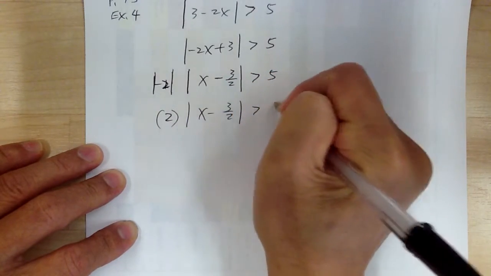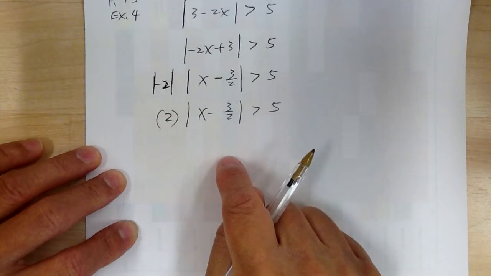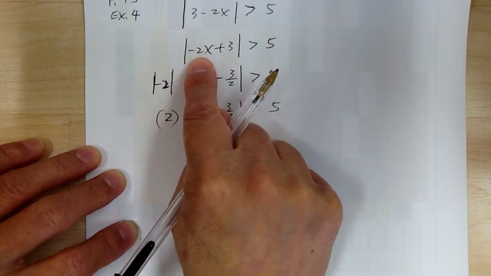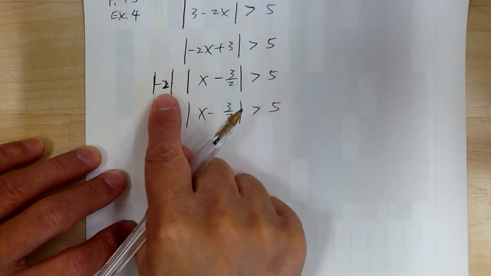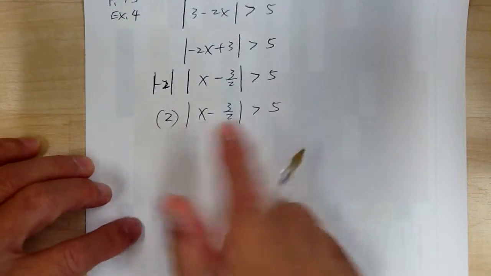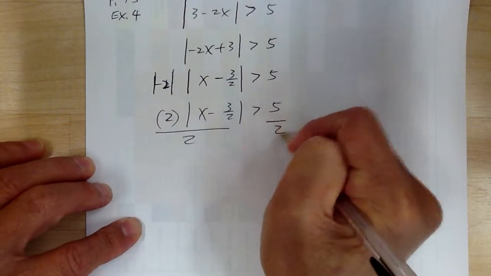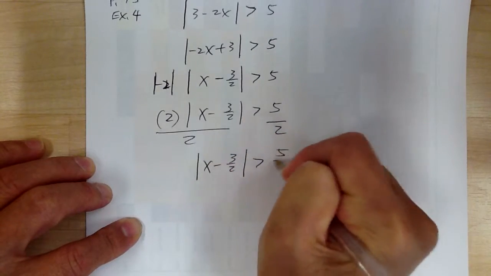This is a little bit messy because of the negative you have to factor out. If it's positive, you can just divide. But if it's negative, you have to factor out the negative in absolute value, make it positive, and then divide by 2. So you get absolute value of x minus 3 over 2 is greater than or equal to 5 over 2.